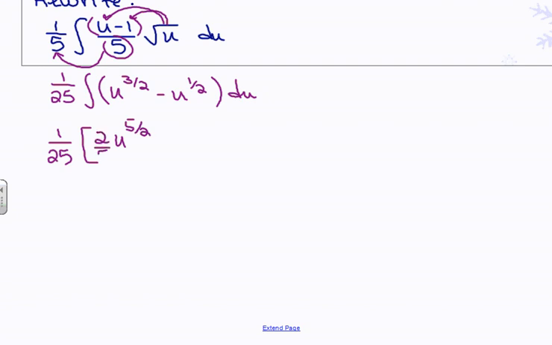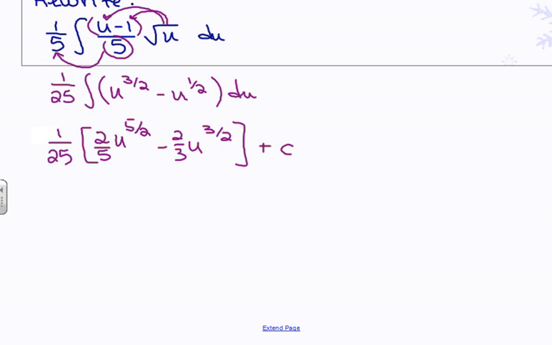So that's the same as multiplying by 2/5. And then we have u raised to the 3/2, and then we'll divide by 3/2, but that's the same thing as multiplying by 2/3. And then we've got this plus c. Okay, so now we've taken the antiderivative.